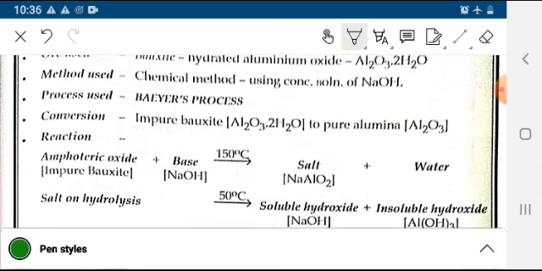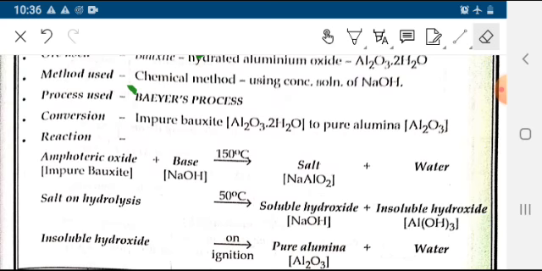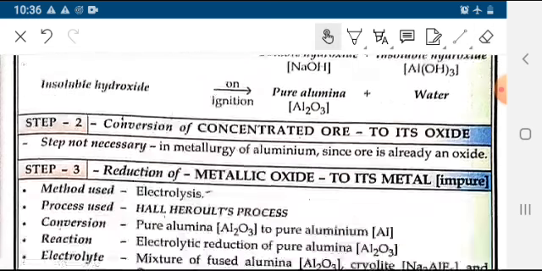In this, the process used is Bayer's process, and the conversion is of impure bauxite to bauxite, that is Al2O3, which is in hydrated form, and we have to convert it into anhydrous and pure form. Impure bauxite is treated with NaOH, and sodium aluminate and water are obtained. Further, on heating of aluminium hydroxide, we get pure alumina.